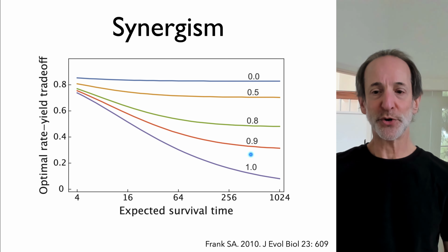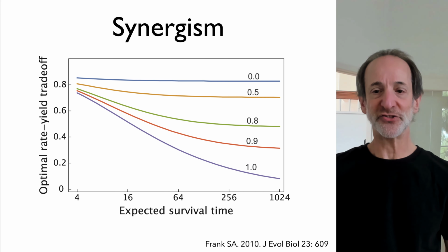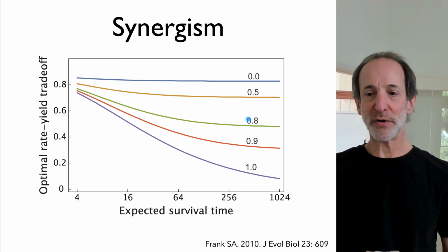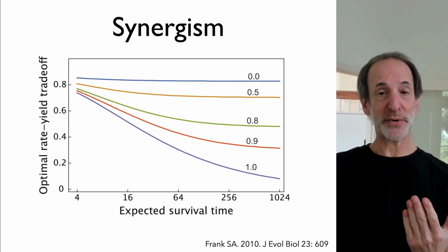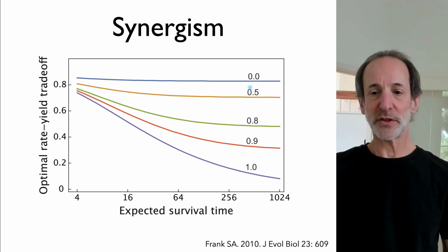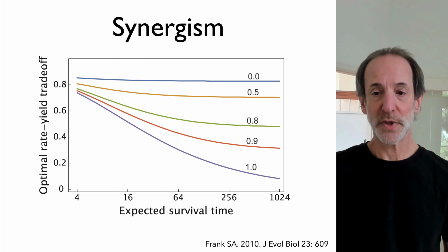One represents pure clonality, where the correlation between genotypes within patches is perfect, and this is more mixing, which reduces the genetic correlation. And we see that the more mixing there is, the more high growth rate is favored at the expense of reduced yield, whereas clones tend to have high yield and low growth rate.